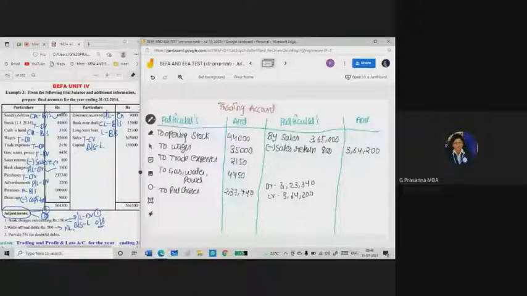You can see the credit total is the highest total, so I am writing 3,64,200 in the equal column on the debit side and 3,64,200 on the credit side. The highest total you write in the equal column. So here you are getting the balancing figure, which is considered as gross profit.